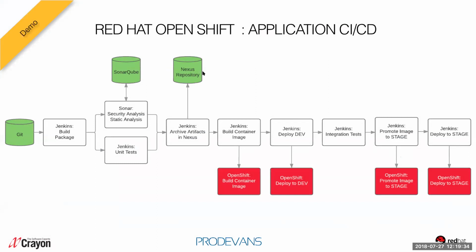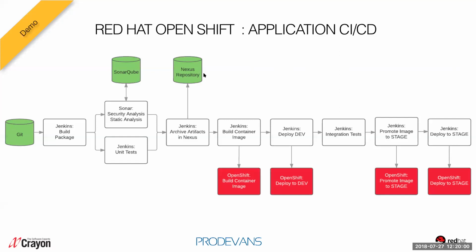Then Nexus, which is your repository where your build artifacts will be stored, and Jenkins is going to do the container image creation using the build config. There is a Groovy script we have passed to Jenkins, and that does both building your container image and deploying it into the dev environment.